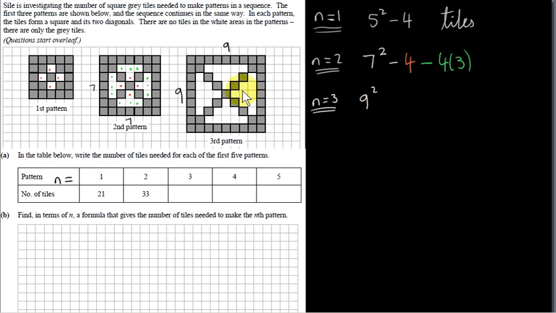Now we subtract off the same sort of tiles we subtracted before. We have 4 of them here. We subtract these ones off.